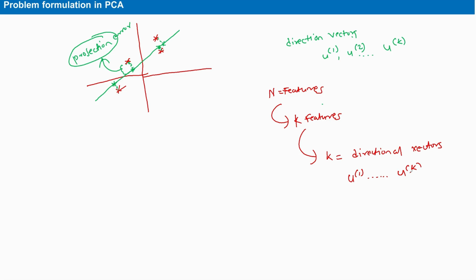Now let's see what the algorithm steps are for the principal component analysis algorithm. The very first step is that we need to either normalize our features, either do feature scaling or take the mean normalization.